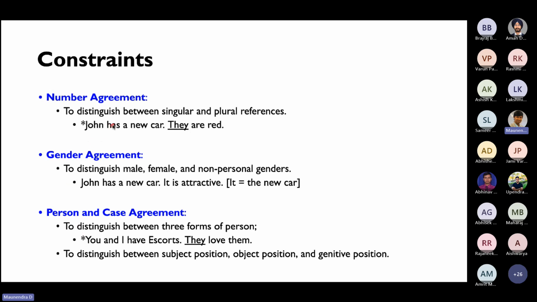So number agreement is one, where we check whether they have the same number, like singular or plural. Gender agreement is another, where we check male, female, or non-personal genders, whether the candidate mentions are agreeing. And then there could be person and case agreement.